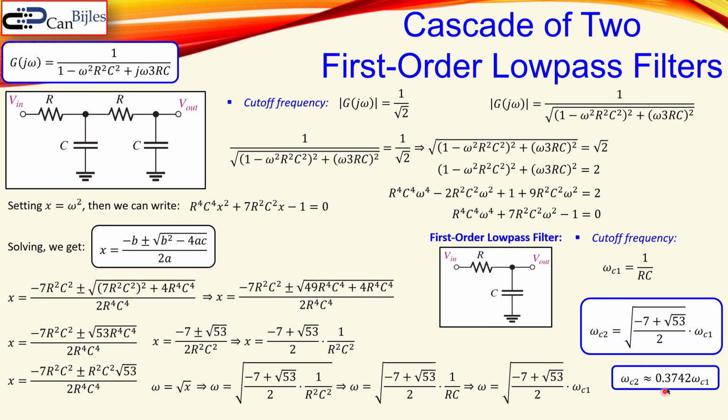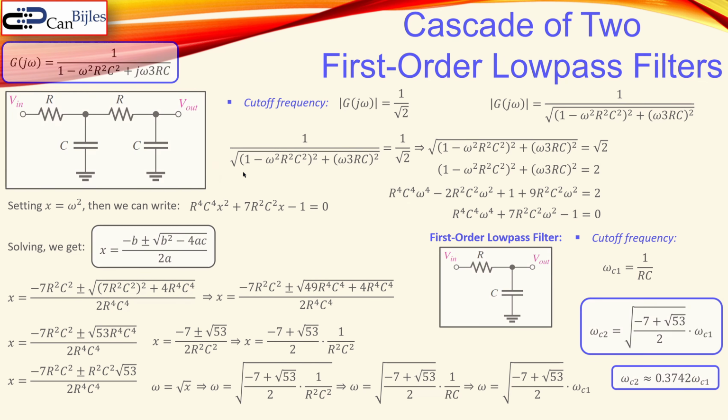That means the cutoff frequency you have calculated for your simple first order low pass filter will be approximately 37.4% of that. So that will be much smaller in this two-stage low pass filter.